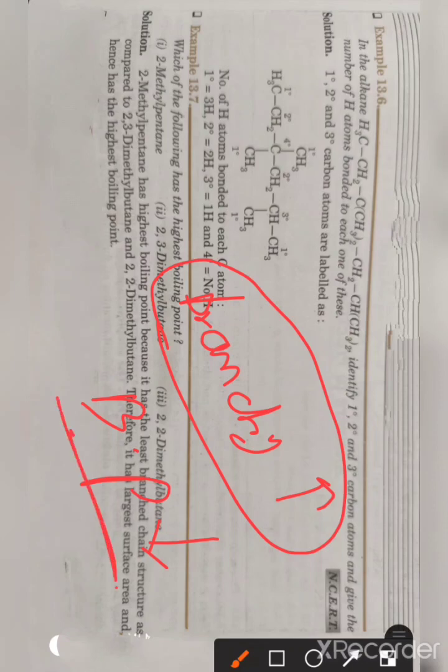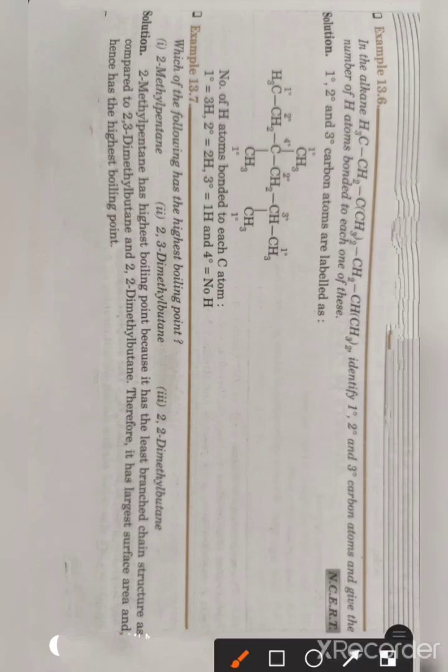So the least branching will have the highest boiling point. All of you try this question by making the structures and finding out which one is the most branched one. In this, 2-methyl pentane has the highest boiling point because it has the least branched structure.